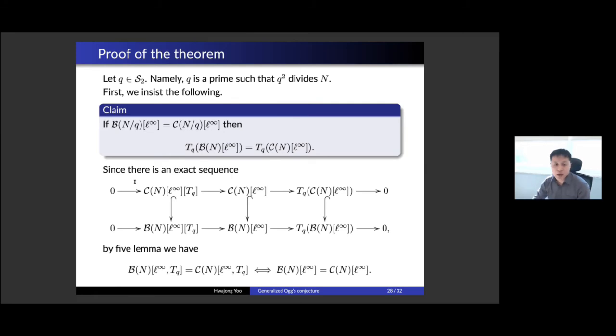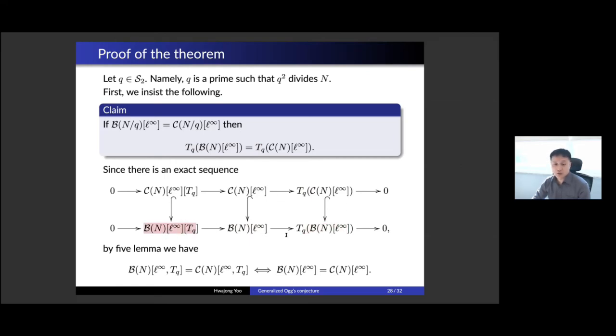Then we have the exact sequence. Applying T_Q, because T_Q is linear, you get the kernel of T_Q and this is the image of T_Q. And because this one is inside B_n, applying this operator, the same is true. And you get the natural inclusion.